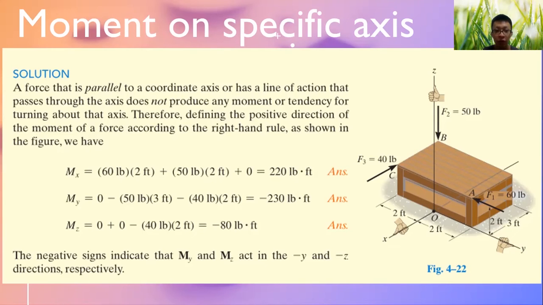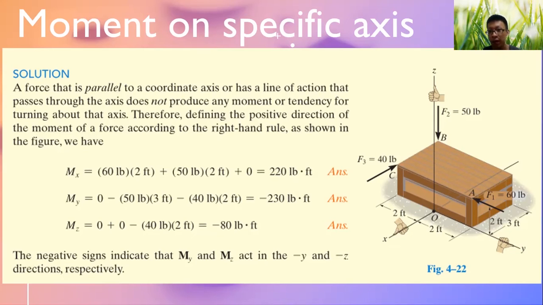The same thing as 40 pounds times 2 feet is negative also. As you can see, this is our rectum, and then force 3 goes through here. So it is against the rectum, the cycle, so it's negative also. The same thing goes for Mz: negative 40 pounds times 2 feet, which is the same. And for Mz, there are 2 zeros.